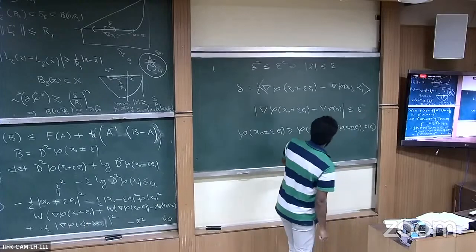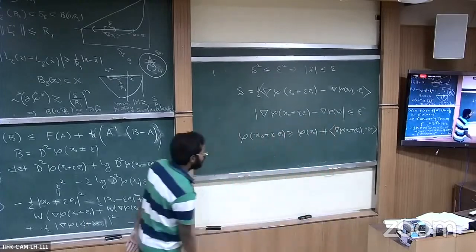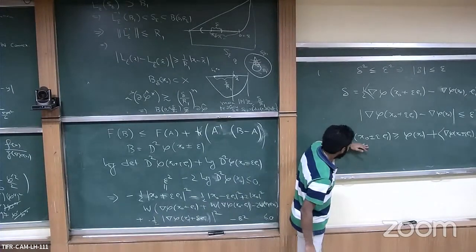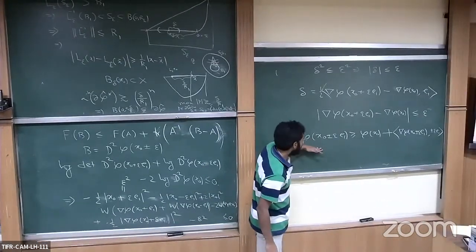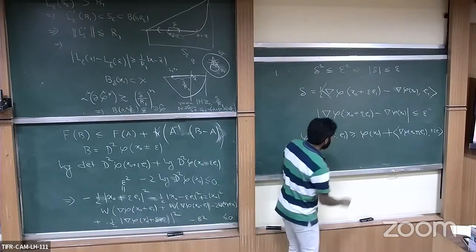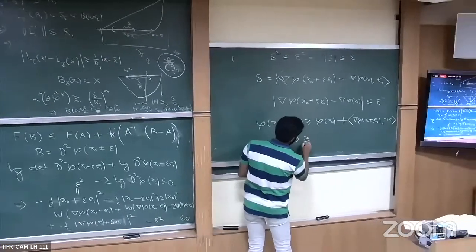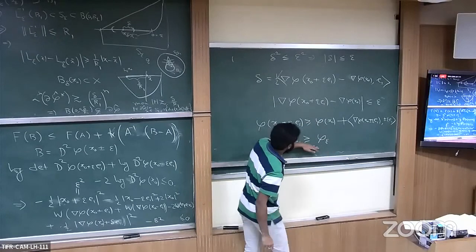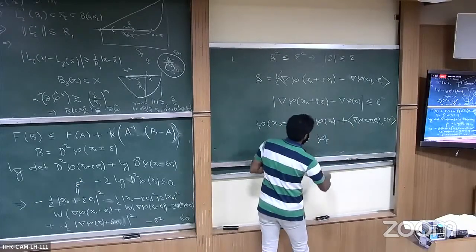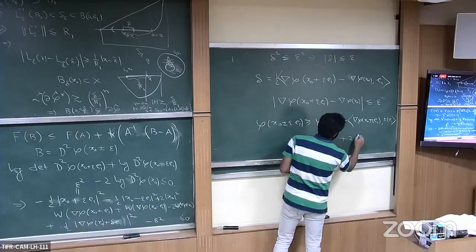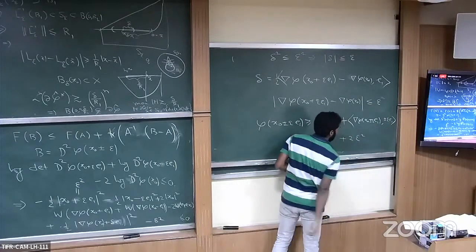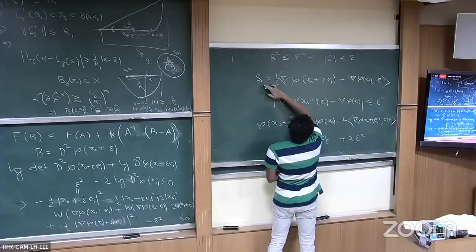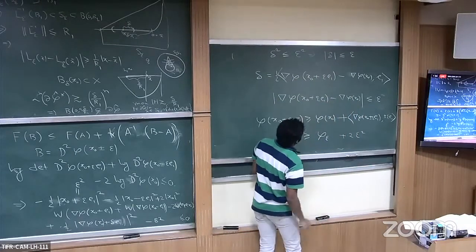If you use the convexity and add these two things up and take it to the other side, then 0 is bigger than or equal to p epsilon, which I defined earlier, and this one is precisely 2 epsilon squared because you already have epsilon here, and this is your delta, which is bigger than or equal to epsilon.